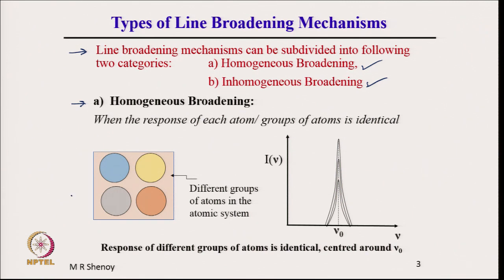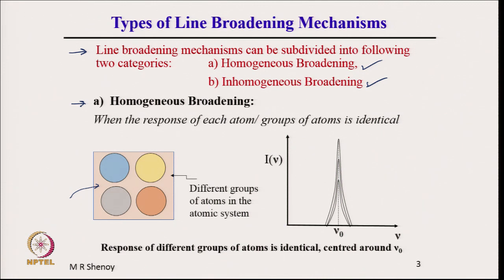For example, this is an atomic system, the color is just to indicate the groups. This is a chamber or a container or a volume in which atoms are there, but there can be different groups of atoms. Groups could be qualified by different properties. We will discuss this as we go further. At the moment, assume that there are different groups of atoms in the atomic system.